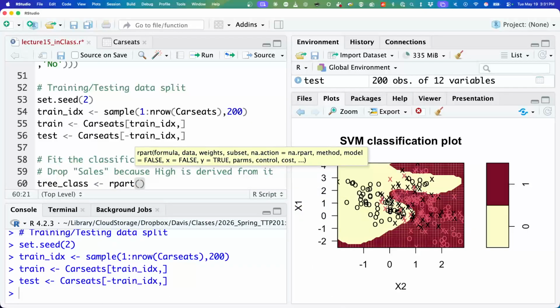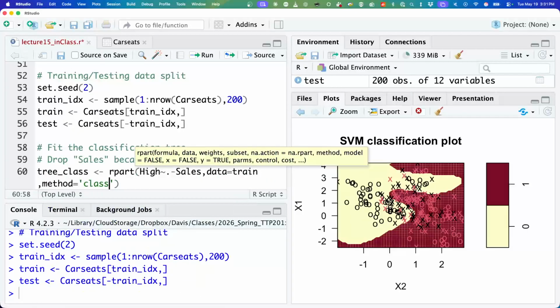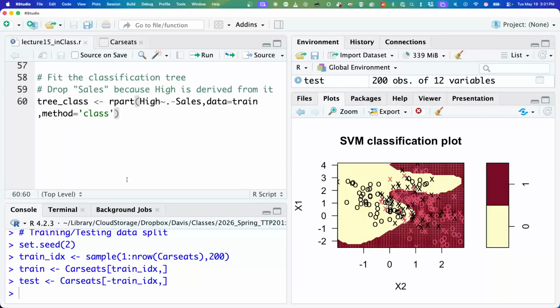So here we do high regressed on everything, which is the dot, as we know, and then I'm going to do minus sales to make sure that's not included in this classification. We're going to use our training data, and we're using method class to indicate that this is a classification example as opposed to a regression example where the outcome is continuous.